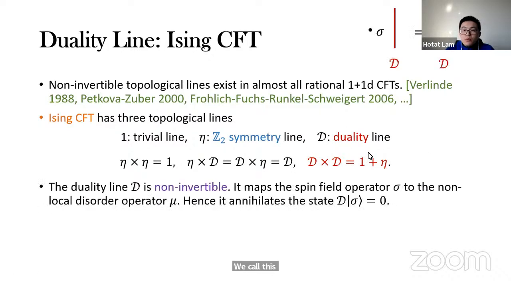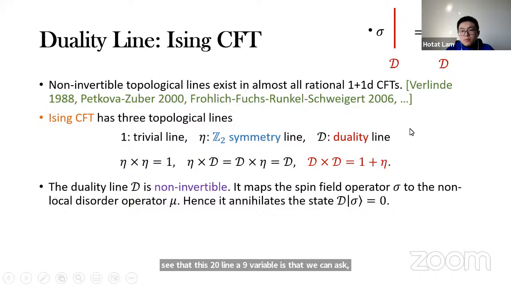Another way to see that this duality line is non-invertible is to ask how it acts on local operators. For example, when it acts on the spin field operator sigma, it maps the local spin field operator to a non-local disorder operator mu. This non-local disorder operator is attached to a symmetry line, which is why it is non-local.